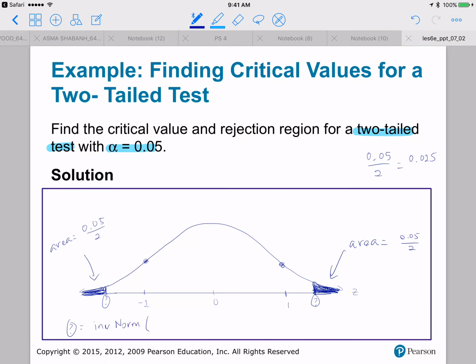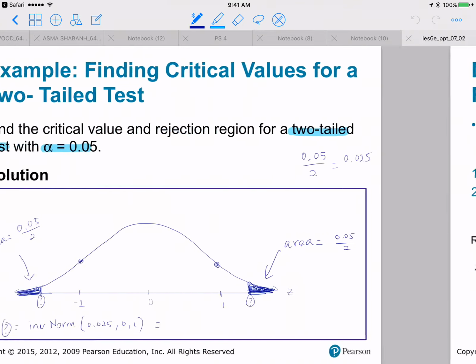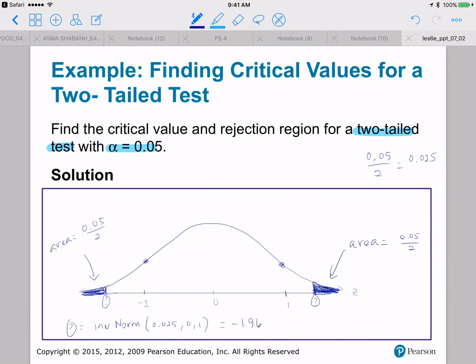So my critical value is going to be inverse norm of 0.025, comma 0, comma 1, which should be, I believe, negative 1.96.